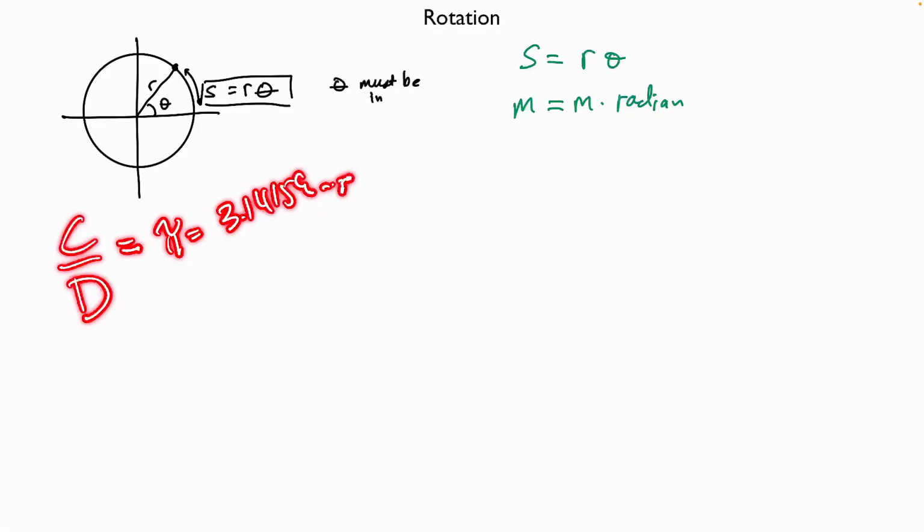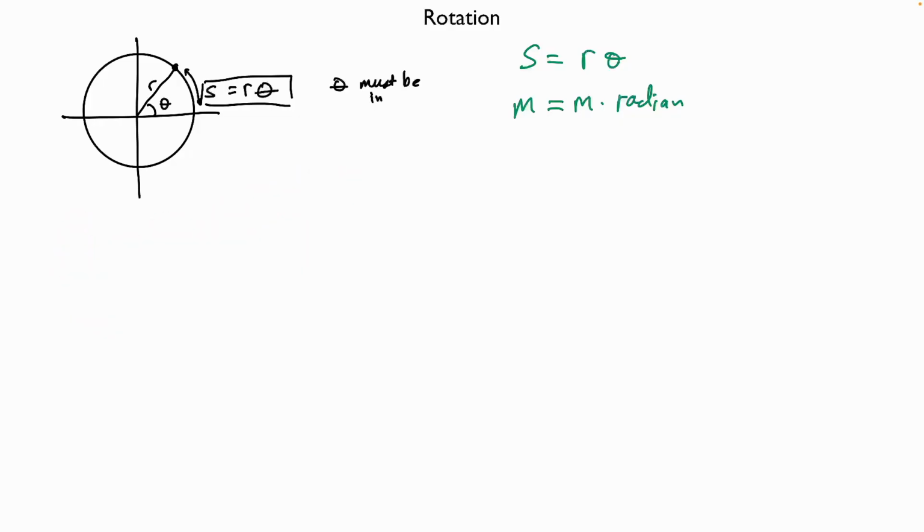Radians. But radians are nothing, because what are the units of the circumference? Distance around a circle. Meters. And what are the units of the diameter? It's a distance. Meters, radians. I didn't make up math. If I had made up math, it would have been wrong.